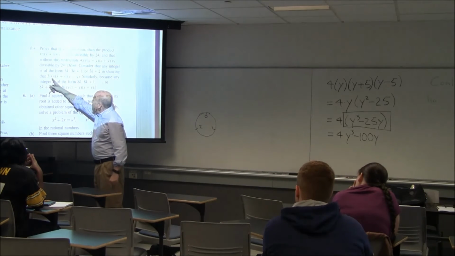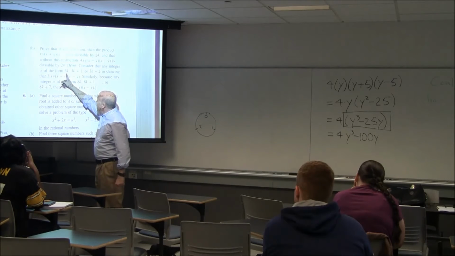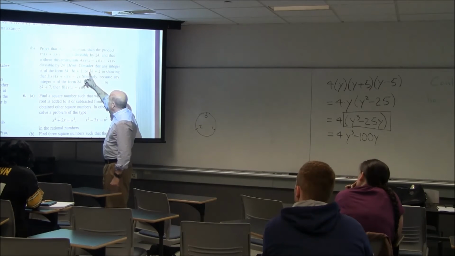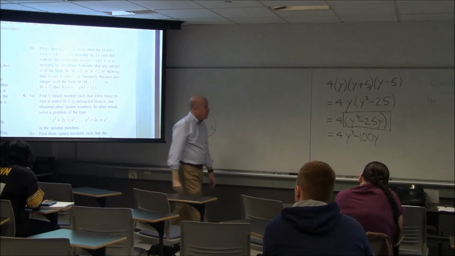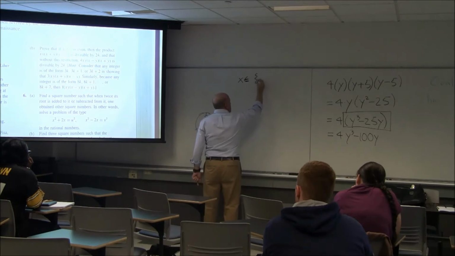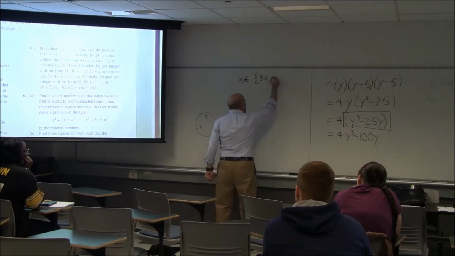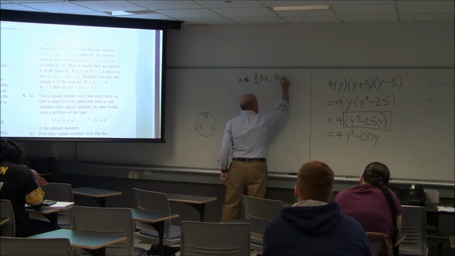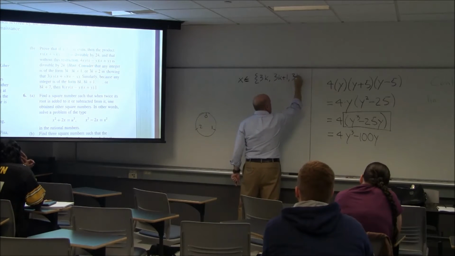What are all the possibilities for x and y if we want to look at 3k, 3k plus 1, or 3k plus 2 for each of them? Maybe I should say x is in this list: 3k, 3k plus 1, or 3k plus 2.